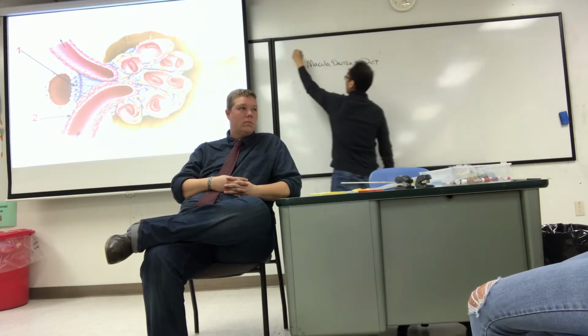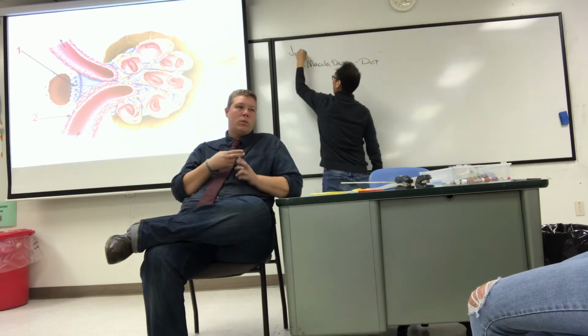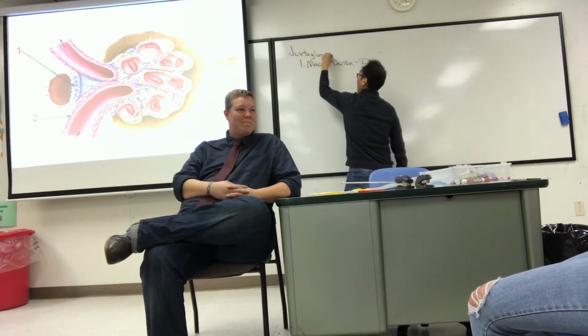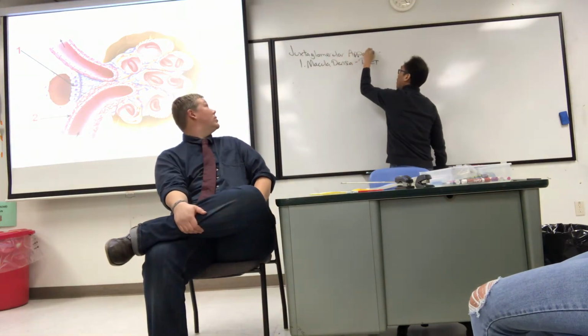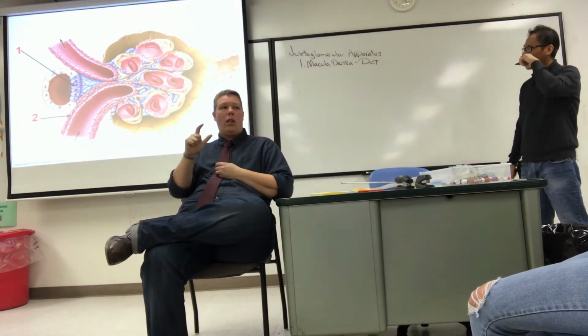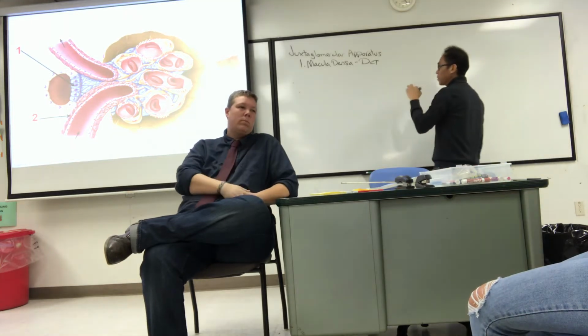So let's title this juxtaglomerular apparatus. I'm only presenting 2 things, and sometimes books will present maybe a 3rd cell type, but I just keep it to these 2. The macula densa cells of the DCT, they're specialized cells of the DCT.